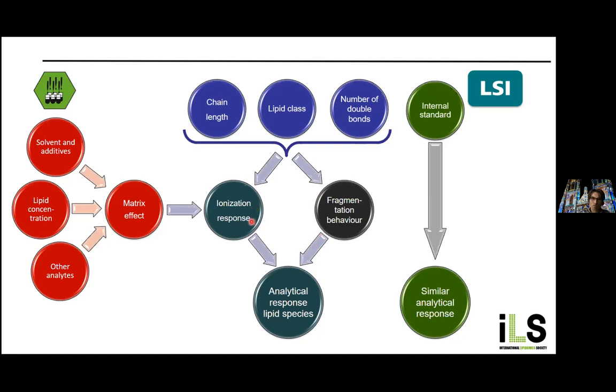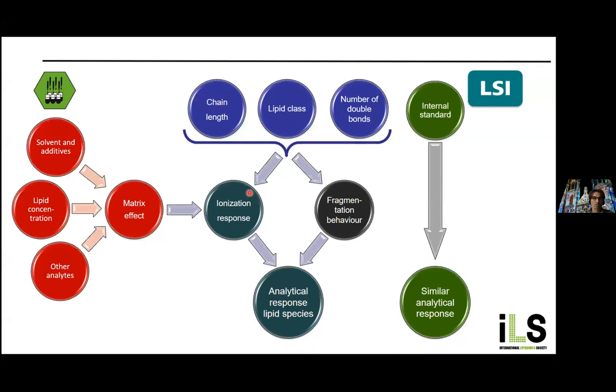So altogether, because frequently we use tandem mass spectrometry, you will get differences in the analytical response of your lipid species. So in an ideal world, you have an internal standard which behaves very similarly in all these respects.